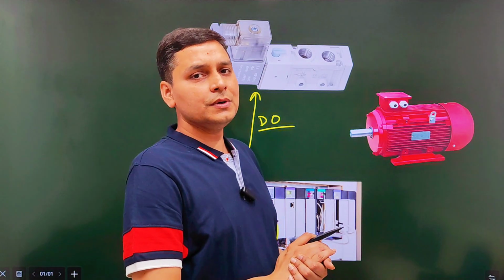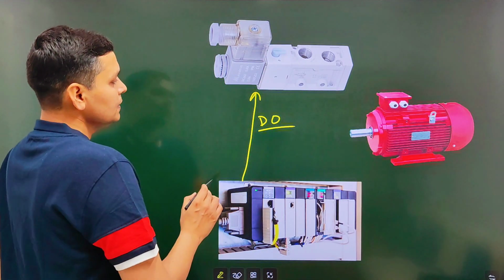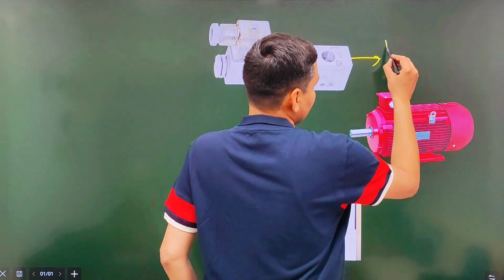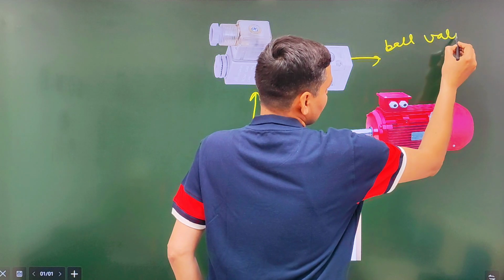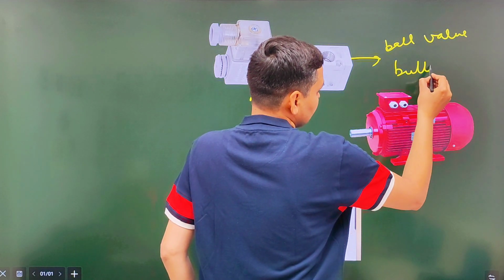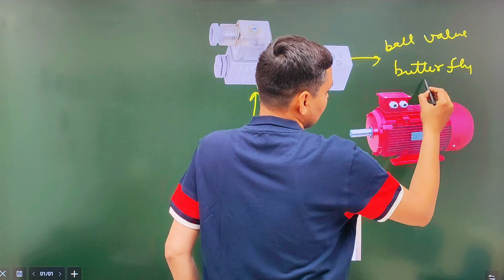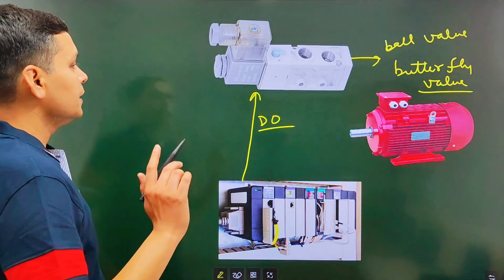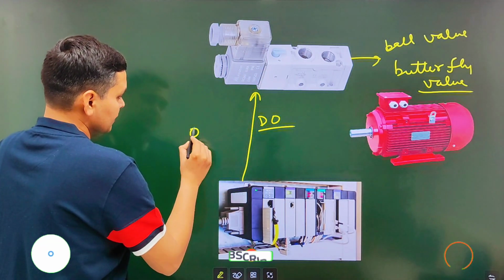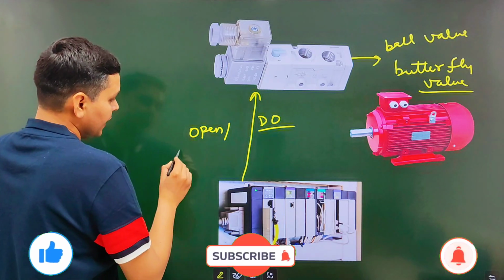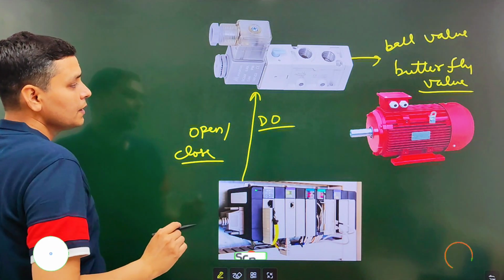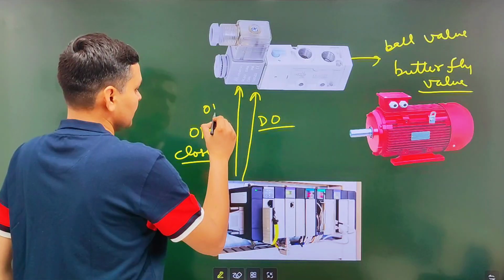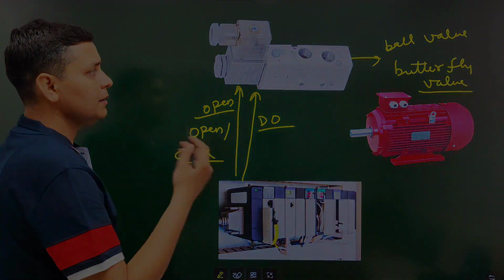How is it a digital output? Let's discuss. Look friends, this valve is connected to a ball valve or butterfly valve. Now we will give a command to open and close the valve. Suppose we are giving the command to open the valve, then what will happen?